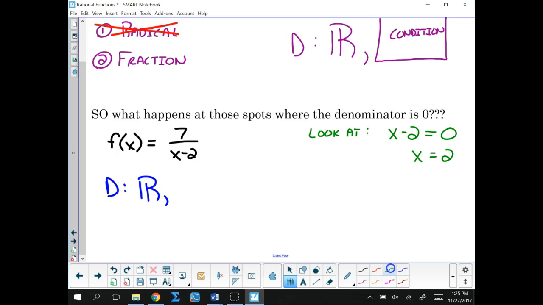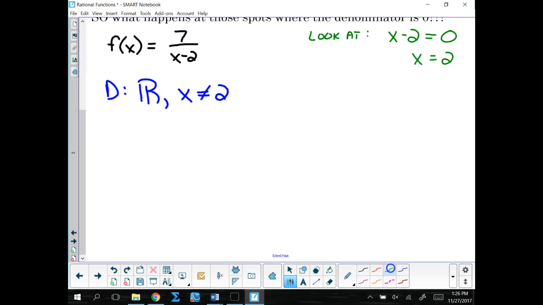But x cannot equal 2. So the question then is, what happens on my graph at x equals 2?